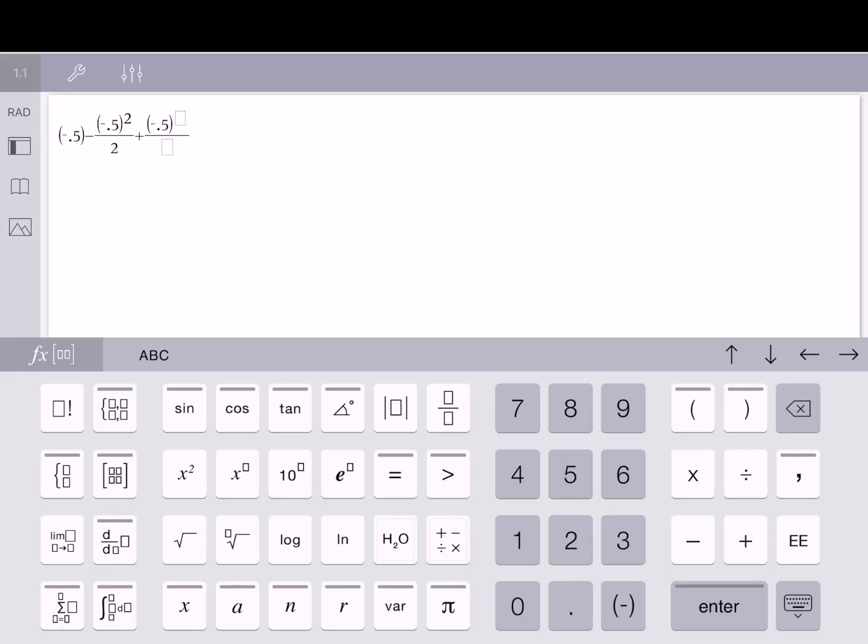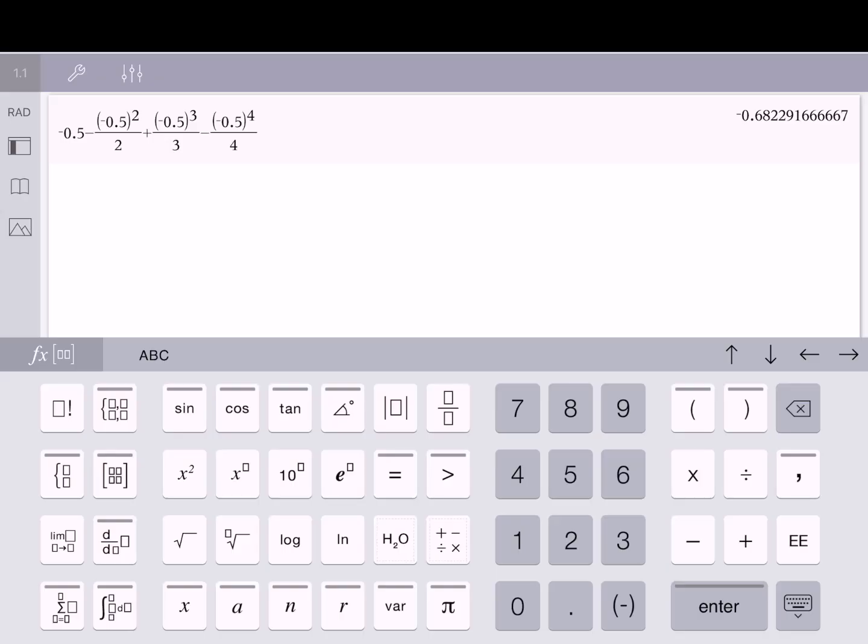We're going to raise to the 3rd, get out of my exponent, down to my denominator, divide by 3, out of my fraction. Now I'm going to subtract, fraction template, open, negative 0.5, close it, raise to the 4th, get out of my exponent into the denominator so I can divide by 4 and hit enter. So we have negative about 0.682.